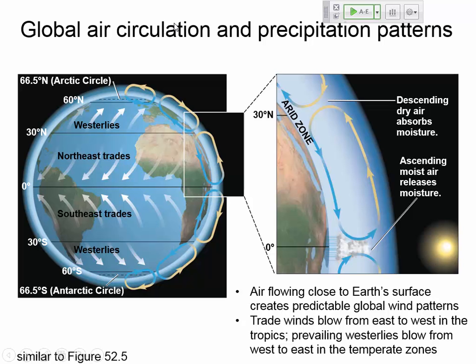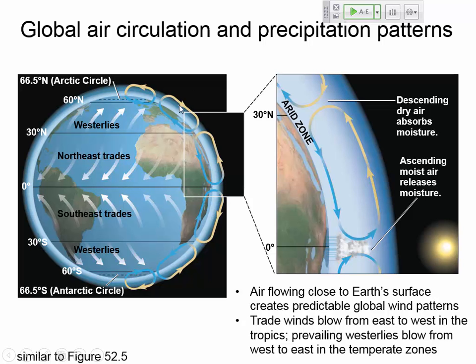So, the air flowing close to the Earth's surface has certain predictable patterns. These are global averages. Certainly extreme weather can cause temporary permutations from these overall patterns, but these are the major patterns that one sees in the air close to the Earth's surface. So what are these patterns anyway?